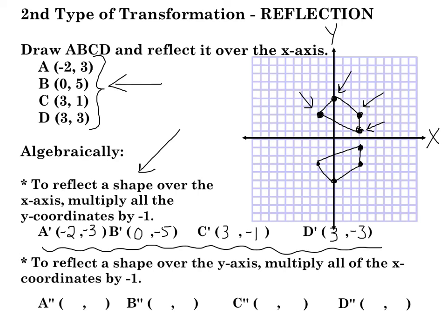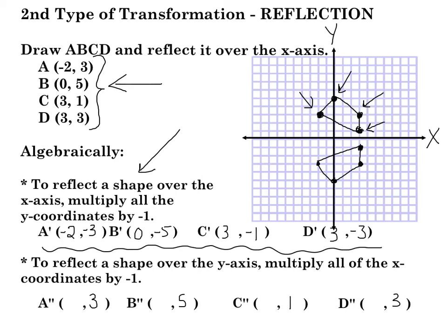If you want to reflect a shape over the y-axis instead, then what you do is you multiply all of the x-coordinates by -1. So pretty much, if you want to reflect over the y-axis, leave all of the y's the same. Make the x's multiplied by -1. So all of the y's would stay the same, 3, 5, 1, and 3.